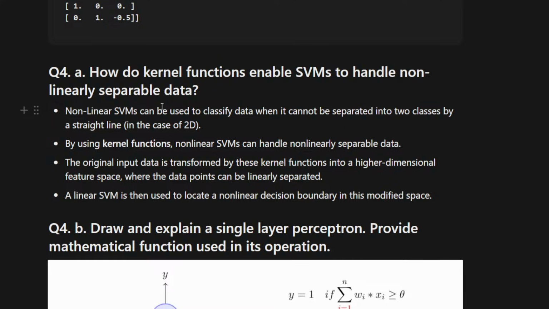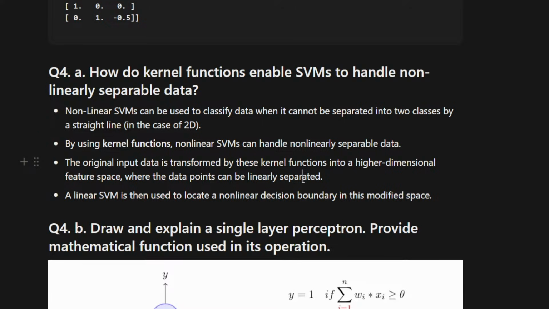These kernel functions will transform the input data into a higher dimensional feature space where the data points can be linearly separated. For example, if you are given a 2D data set, the kernel function will transform the 2D data set into a 3-dimensional data set, and it checks whether the data points can be linearly separated.